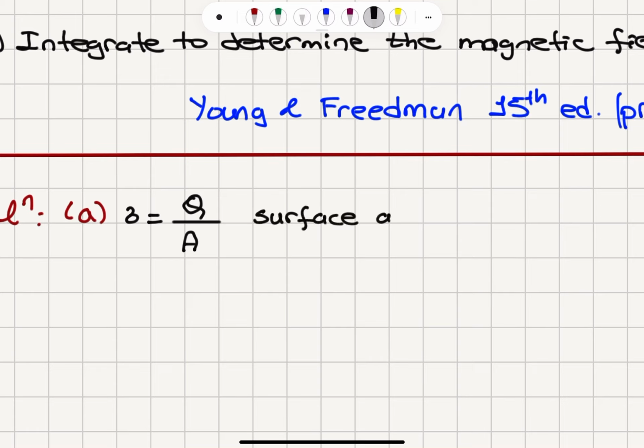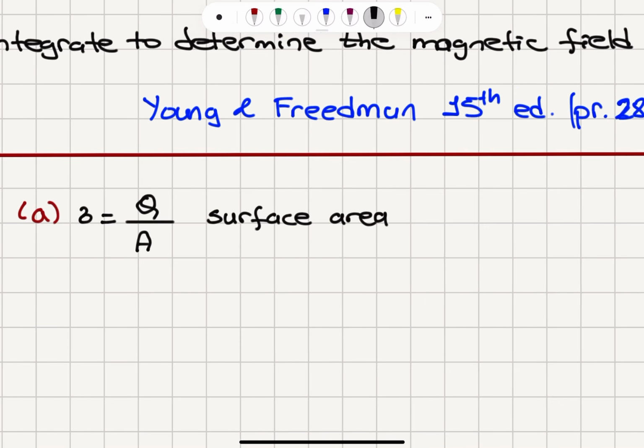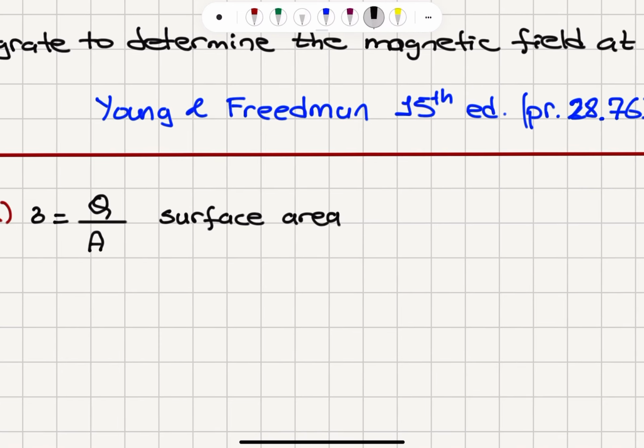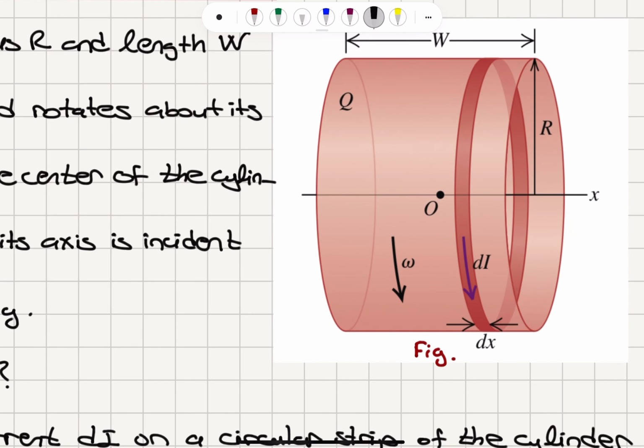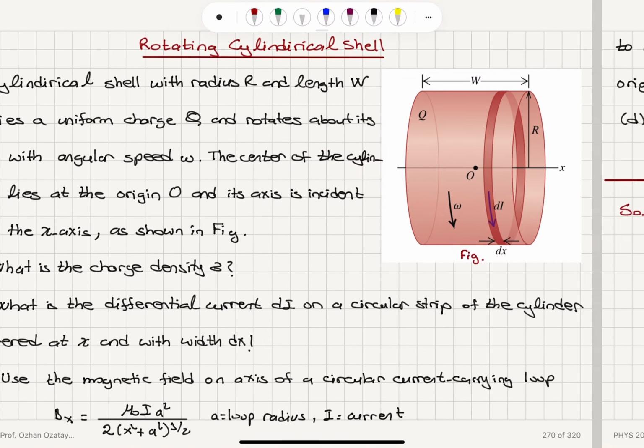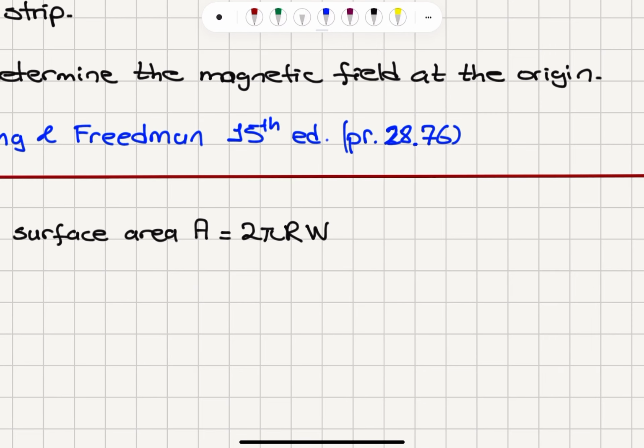The surface area for a cylindrical surface, A, is equal to the circumference 2 pi R multiplied by the length, which is W. So you can see from the figure, it is 2 pi R, the circumference, multiplied by W. That gives us the surface area.